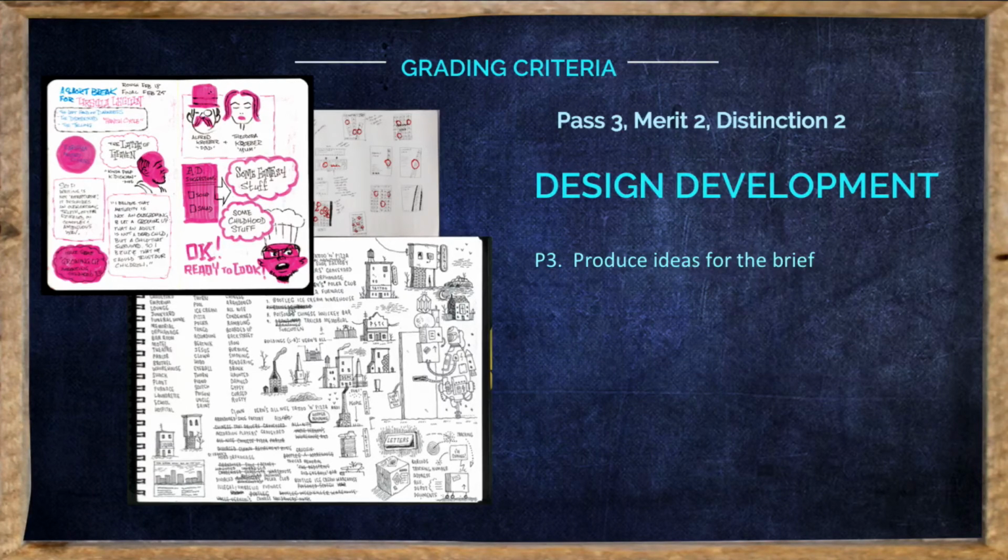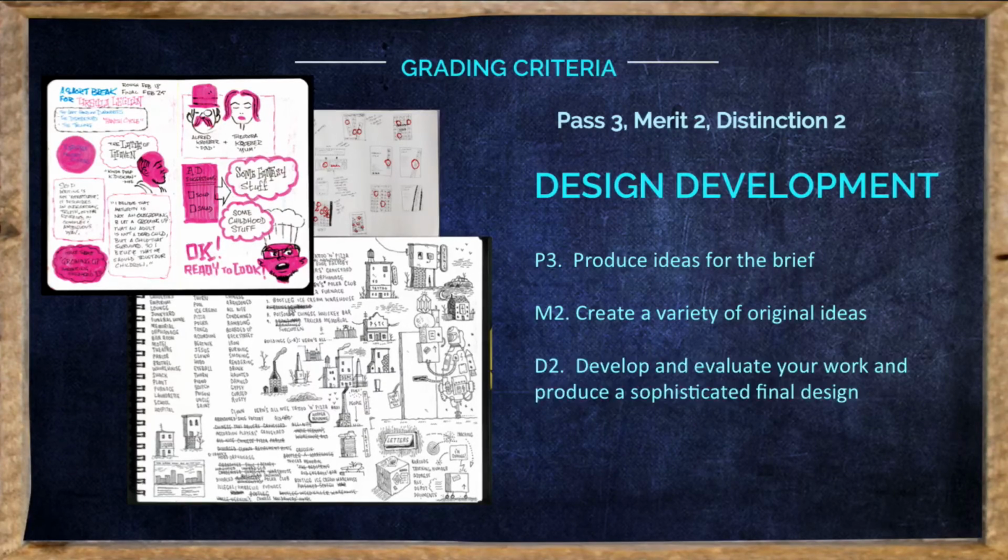You need to produce a range of ideas for the brief for Pass 3. For Merit 2, it needs to be a variety of original ideas, so coming up with some new stuff. So you could use the SCAMPER technique that we've looked at before, your lotus blossom, random word generation and linking. And for Distinction 2, you need to develop and evaluate your work and produce a sophisticated final design. You need to do a final project evaluation.